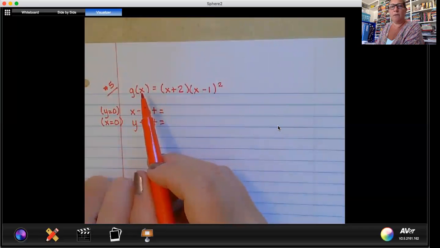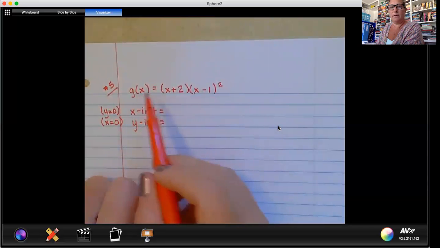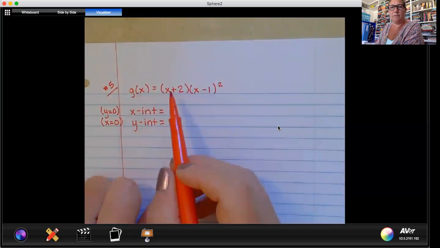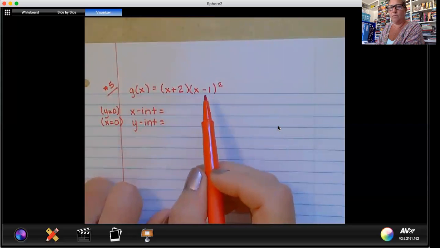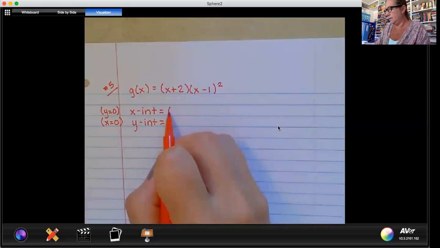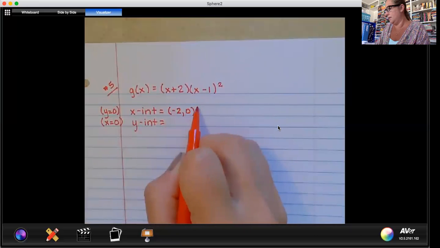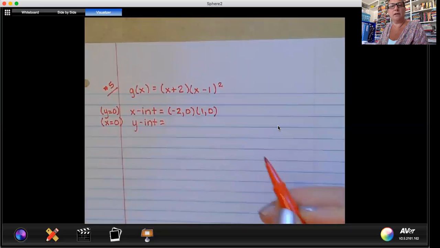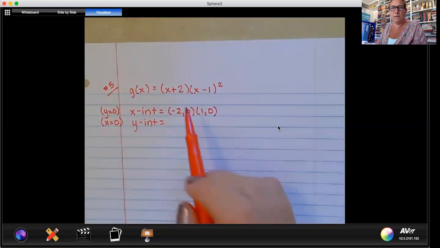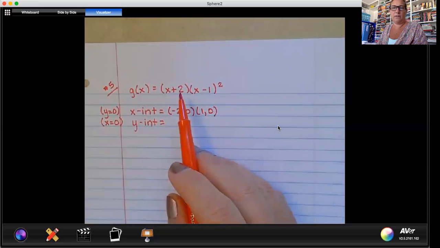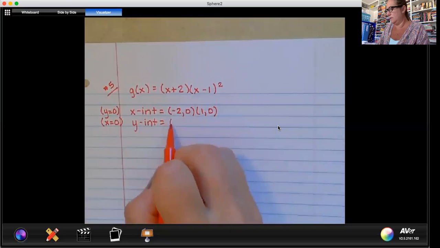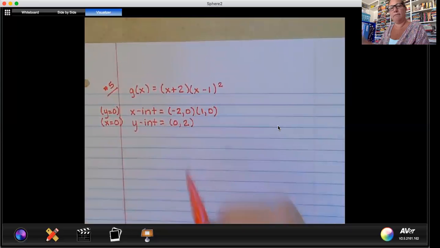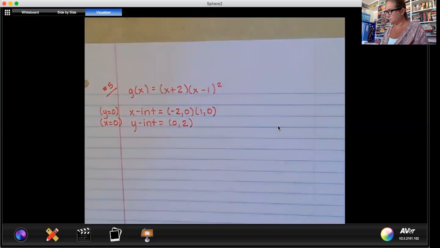In order for y to equal 0, the x-intercepts come from the factors that you see here. So what makes this 0 and what makes this 0 is (-2, 0) and (1, 0). Now, if this were not factored, it would be a lot more difficult. So when x is 0, 2 times (-1) squared, 2 times 1 is 2. So on our graph, in just a couple minutes, those will be some pieces that we will plot.